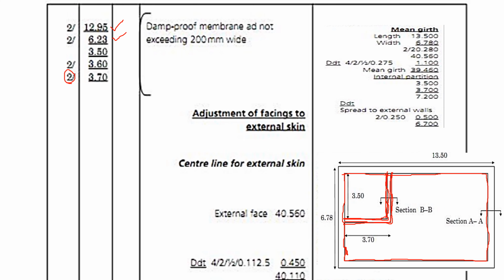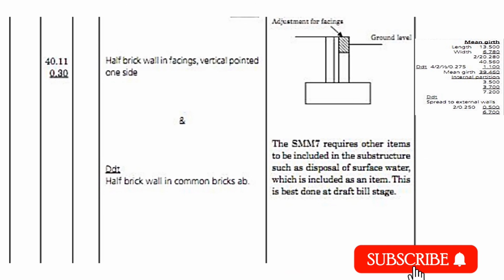That is the mean girth for the measure for the area of the facings. We shall take the mean girth of the facings, then multiply by the depth of the facings. The facings are 150 millimeters above the ground and 150 millimeters below the ground. So we shall take the center line, which is 40.11, and multiply by 0.30. Half brick wall in facings, vertical pointed one side, and half brick wall in common bricks.